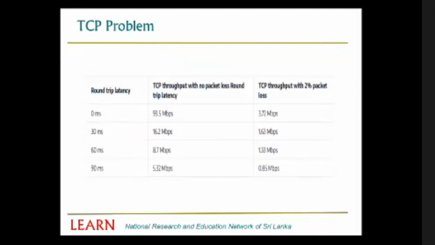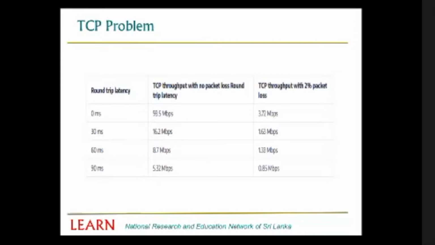This is another table that shows how TCP throughput is affected by network latency and packet loss. On the left side, we go through several round trip latencies in milliseconds, and with that latency and no packet loss, you can have this TCP throughput.